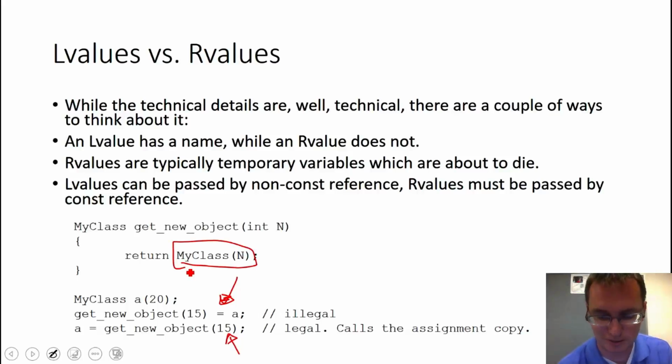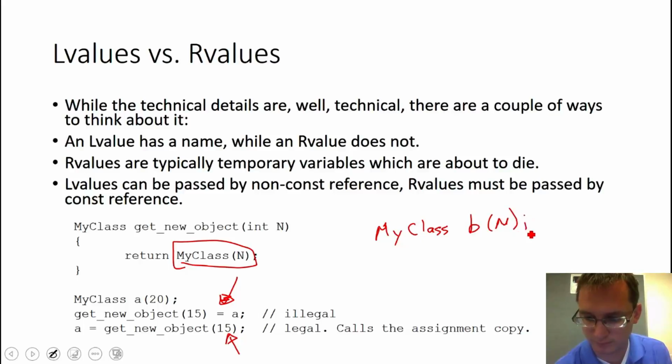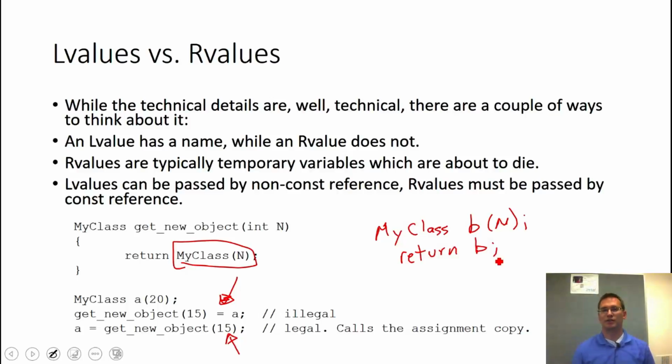We could have said something like this. All right, so now it has a name, but what's the problem with this? Why is this still not an L value? Because it only exists in the scope of that function.